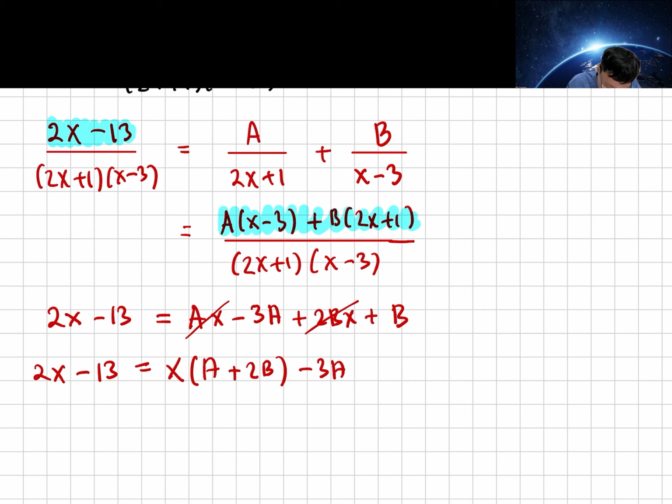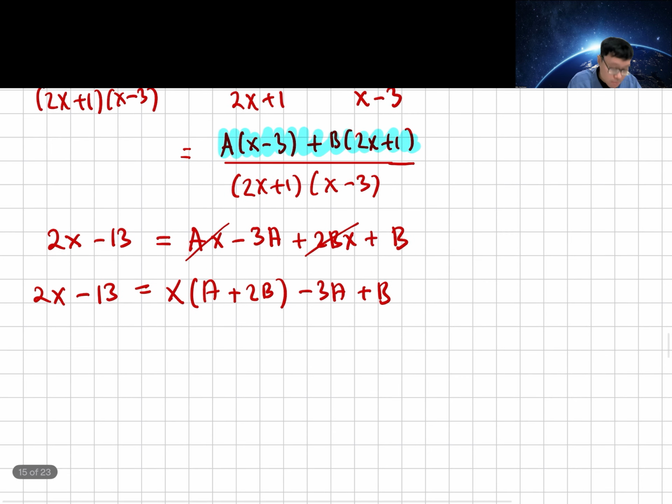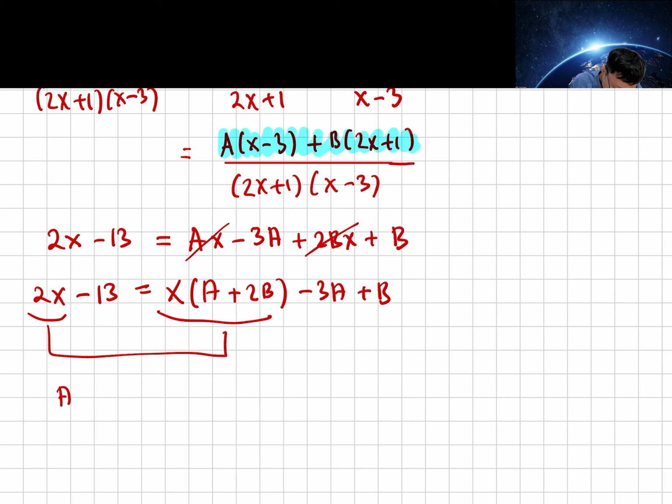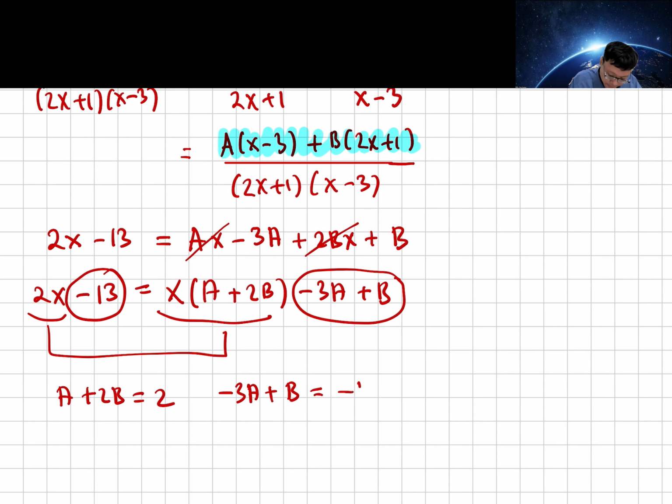Why do we collect them? Because we can compare. The x term with the x term should be equal, so A plus 2B equals 2. And for the constant, we have this and this, they should be equal, so minus 3A plus B equals minus 13.